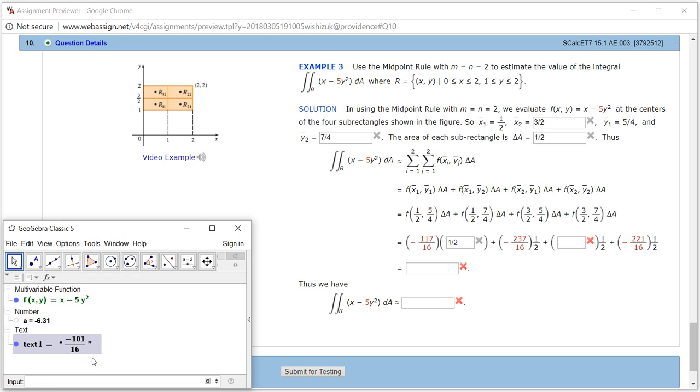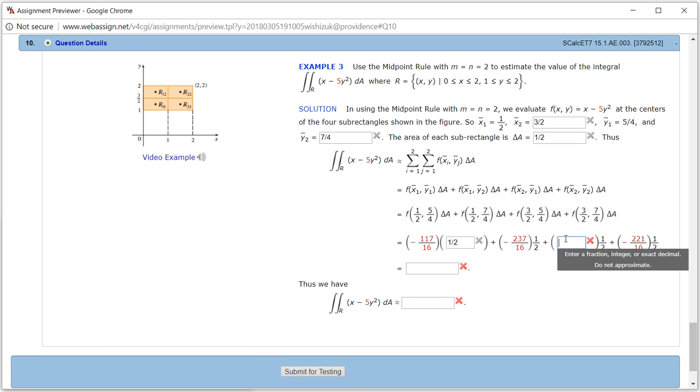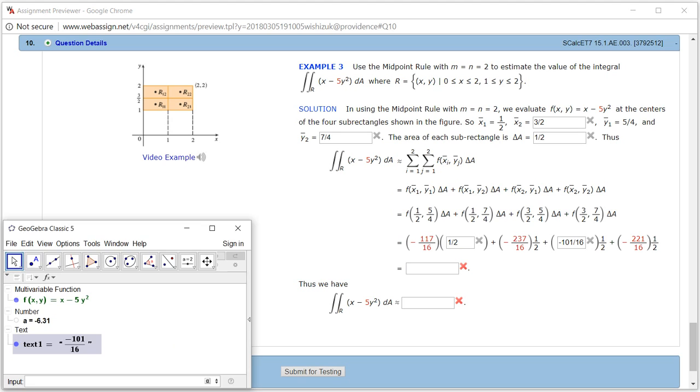It looks like it's negative 101/16, so I'm just going to put negative 101/16. Then we just have to compute all that, so I'm going to use GeoGebra again.